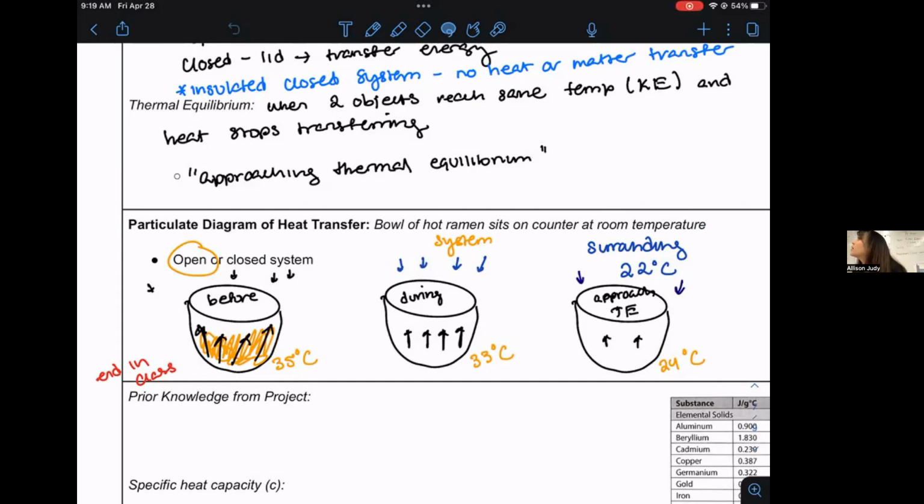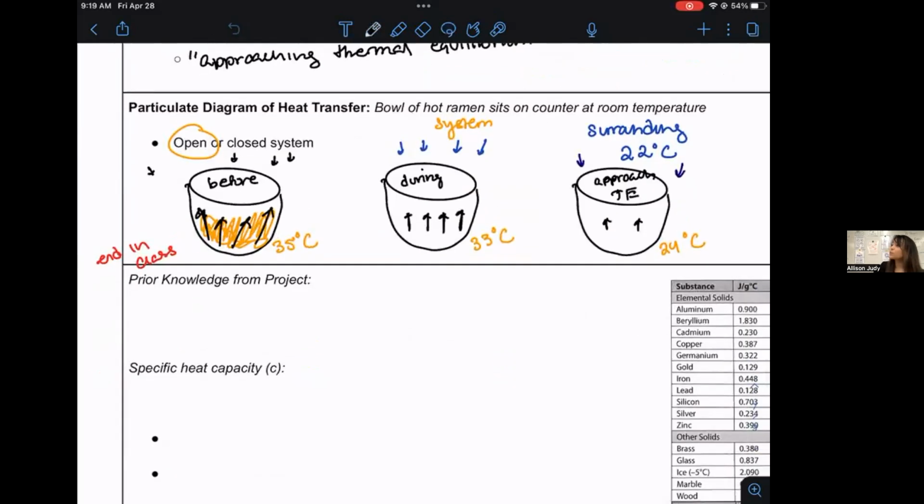The more mass there is, and how does that affect heat? Do I have more or less heat content with more mass? More. So what you learned from part of this project is that in regards to heat, which is not equal to temperature, it really is not equal to temperature, but highly connected.